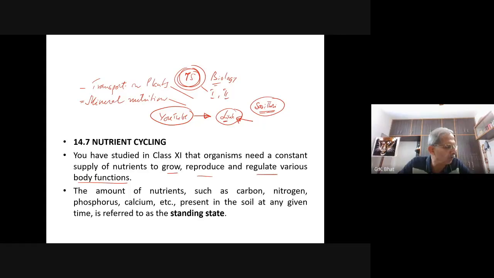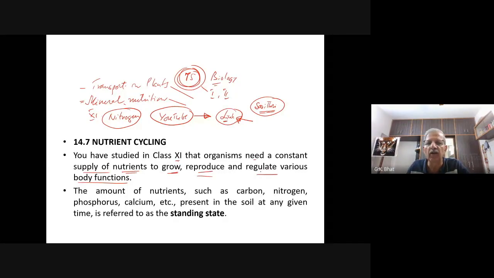Now, let us come back to this. Nutrient cycling. You have studied these lectures in the 11th standard portion. You have one nutrient cycle called the nitrogen cycle in the mineral nutrition chapter. You have studied in class 11th that organisms need a constant supply of nutrients to grow, reproduce, and regulate various body functions.